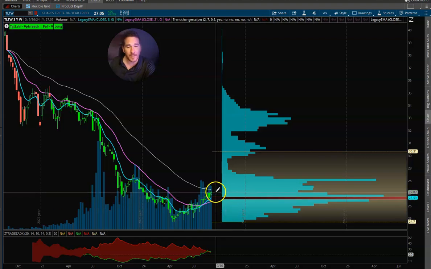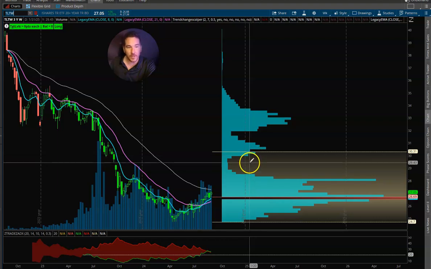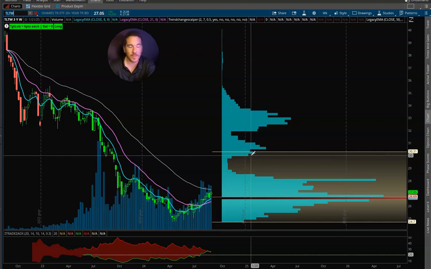Now keep in mind, to say that this thing can jump in this gap, it definitely could. We have a gap there. You got to take that with a grain of salt because it's a Defiance fund, and they're writing options on this, so the upside is limited. So is the gap fill possible?